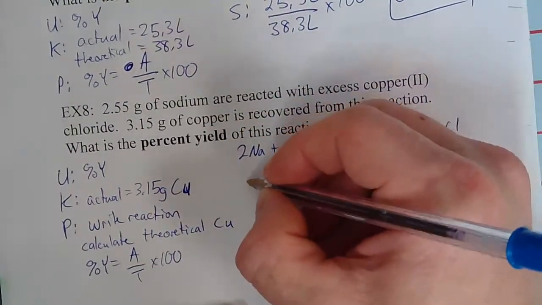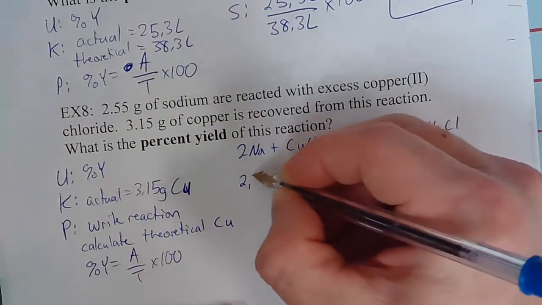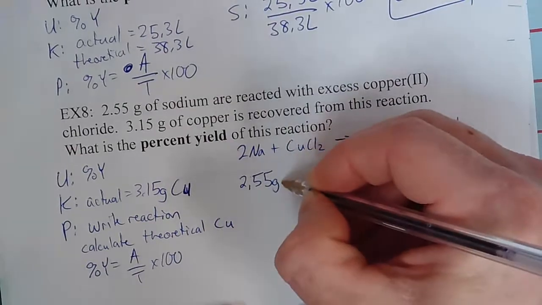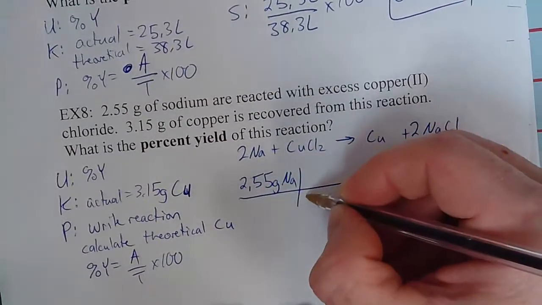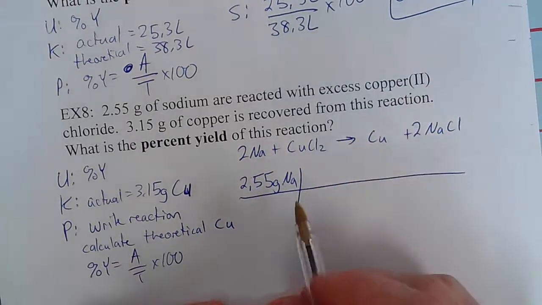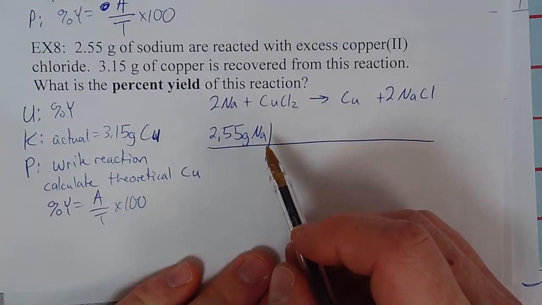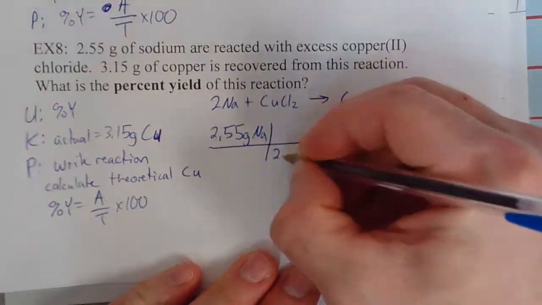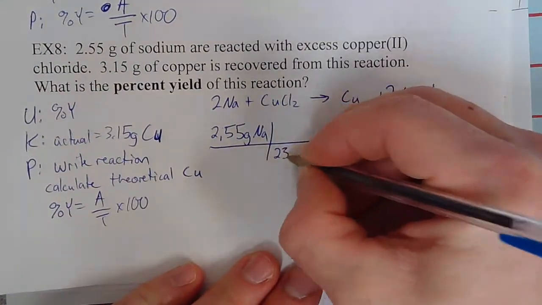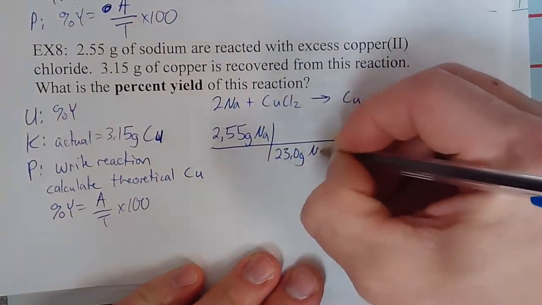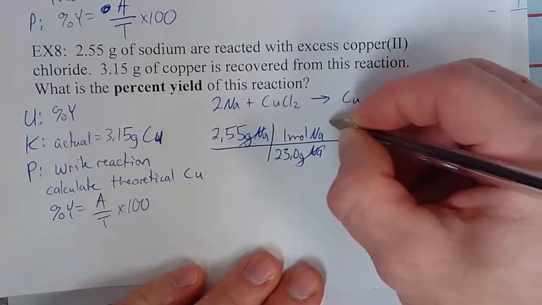Okay, so we know that there's 2.55 grams of sodium, and then we can do the stoichiometry. Pretty much every time you have grams of sodium to start, where do you go? To moles. So there's 22.99, or 23.0. All right, so we're at moles of sodium.